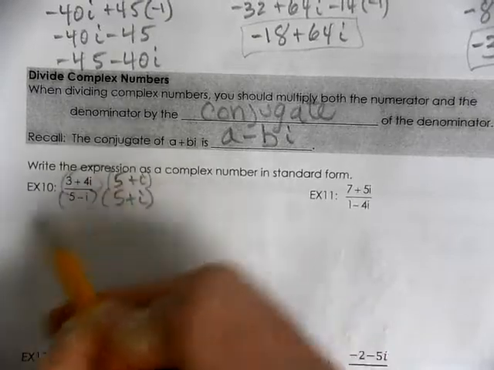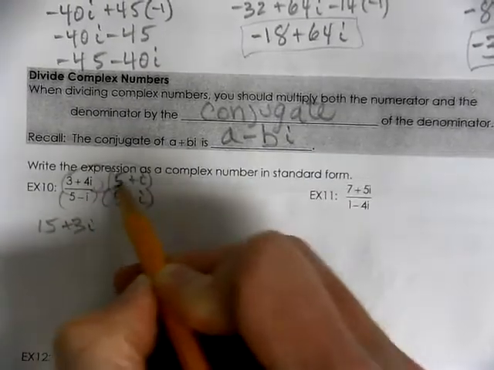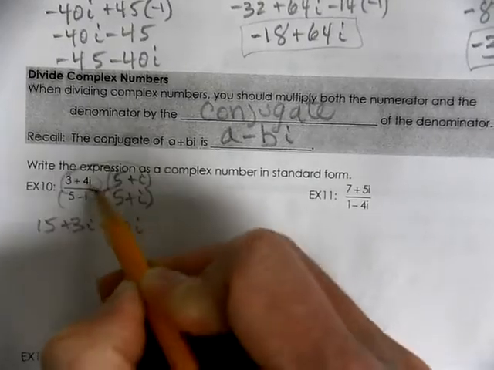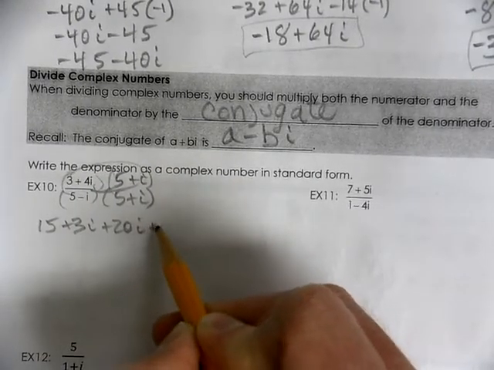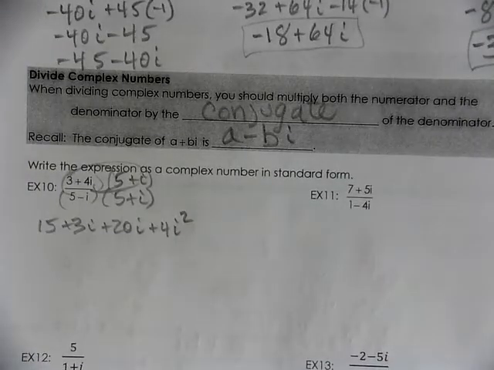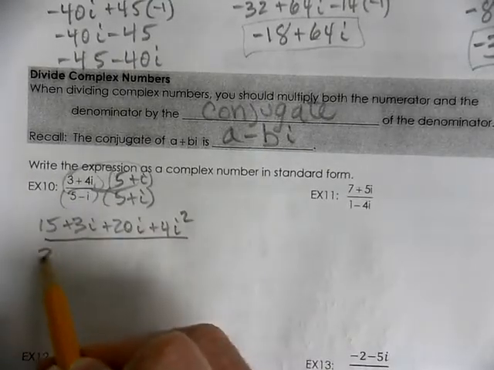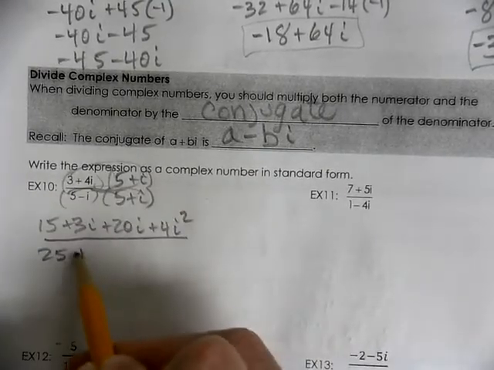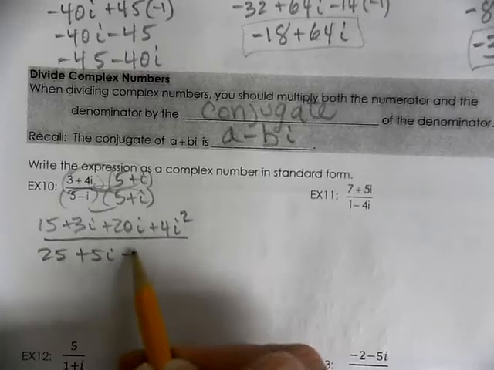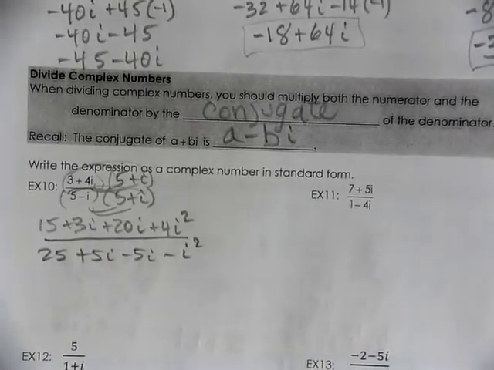And then we have to come through and multiply this whole beast out. But i times i gives us i squared. The bottom's going to give us 25, a positive 5i, a negative 5i, and a negative i squared.